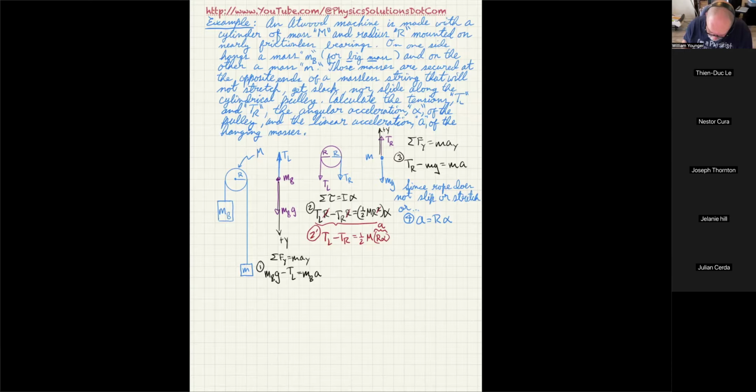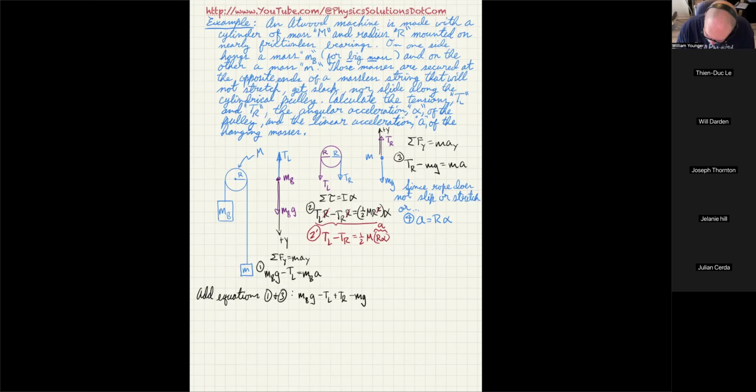So with that in mind, let's add equations 1 and 3. If I add equations 1 and 3, the left-hand sides add to give me MBG minus TL plus TR minus lowercase mg.